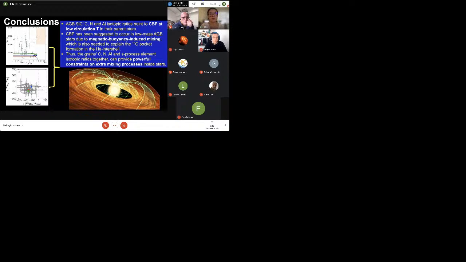So in the future, I plan to work with Sergio, Sara Palmerini, and Maurizio Busso to use the nitrogen and aluminum isotope data to further investigate the role of magnetic fields in causing the occurrence of CBP in AGB stars, and with both the light and heavy element isotope data of mainstream grains, we hope to draw a complete picture of magnetic field processes in low mass AGB stars.